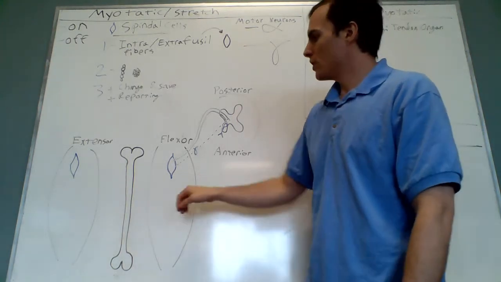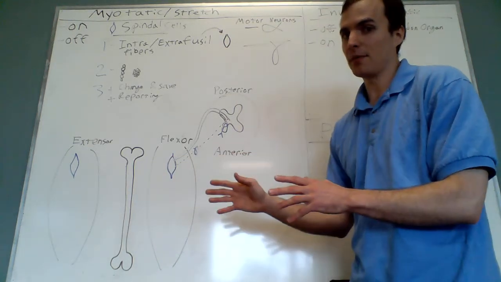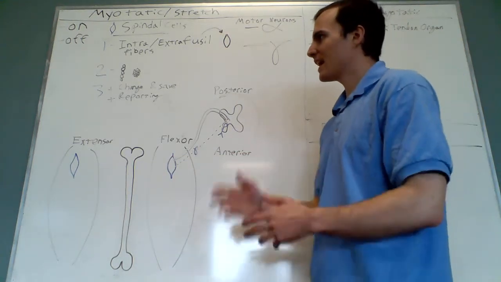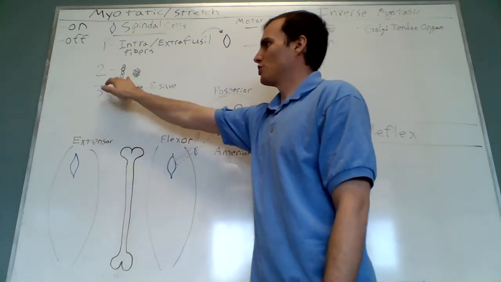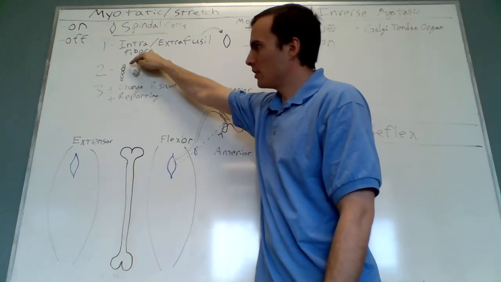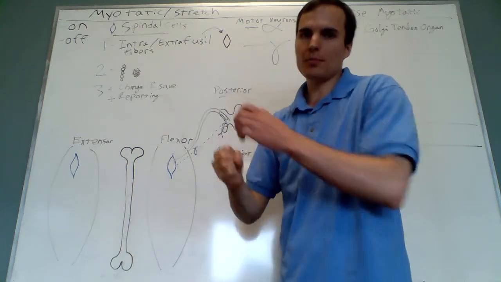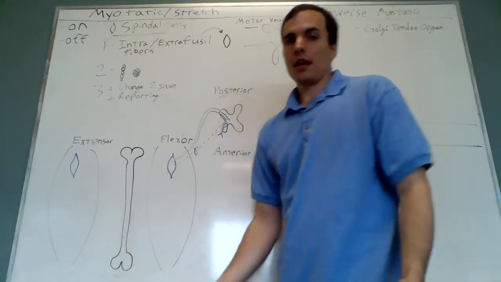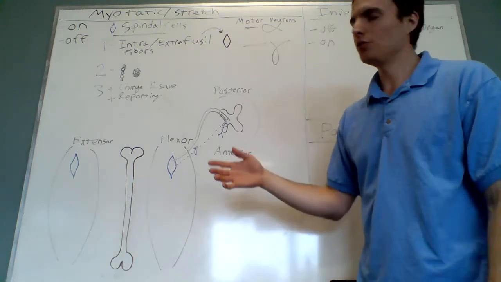So, moving on, inside the spindle, the intrafusal fibers have a couple different types of intrafusal cells. There are chain cells, and conveniently, the nuclei in the chain cell look kind of like a chain. They are one on top of another, and so they got named chain cells by looking at the nuclei in them.